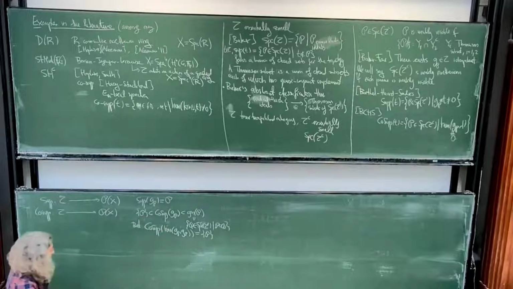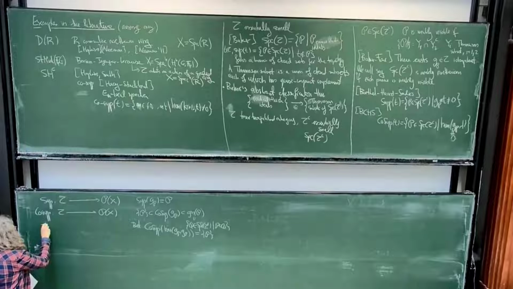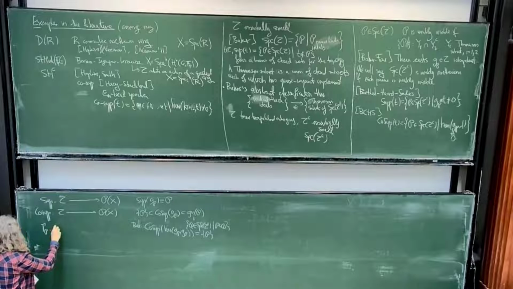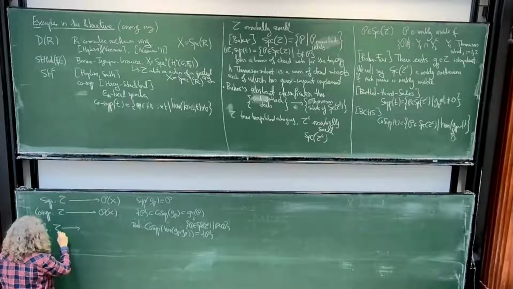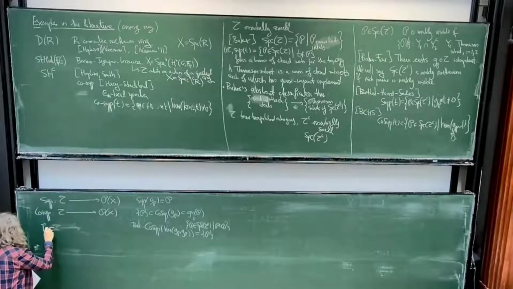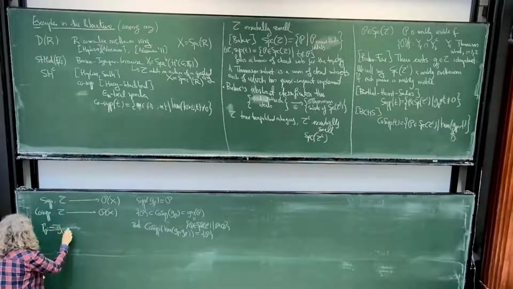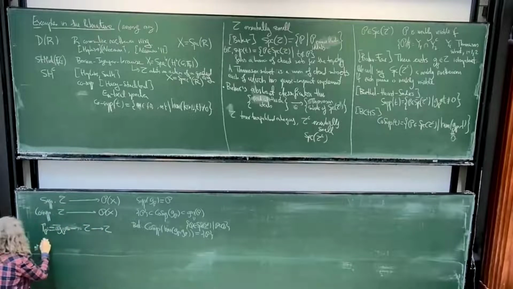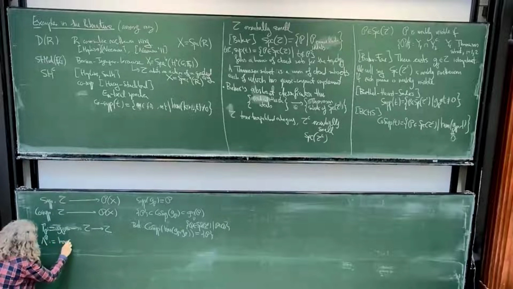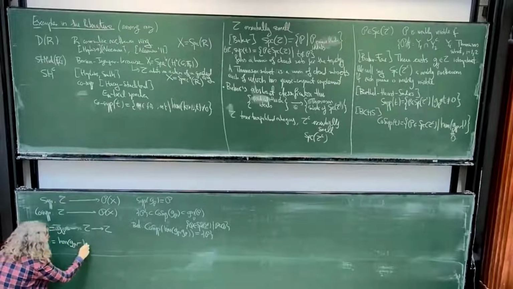So now I'm going to give some names. This is going to be just tensoring with the idempotent, and this will be just taking internal homs.